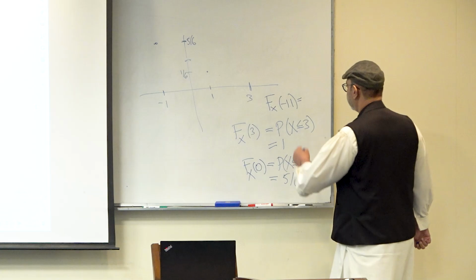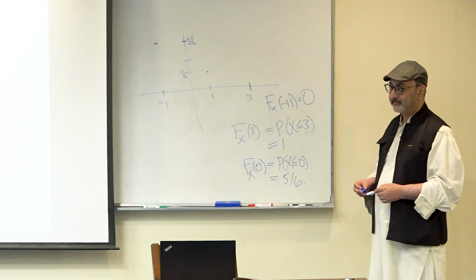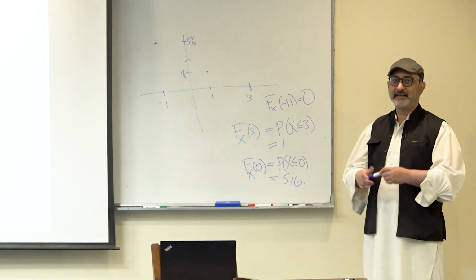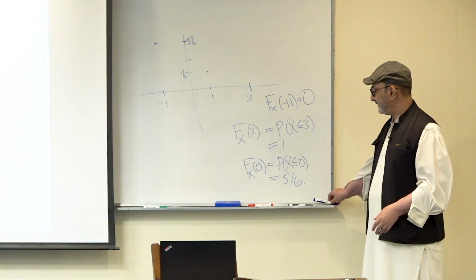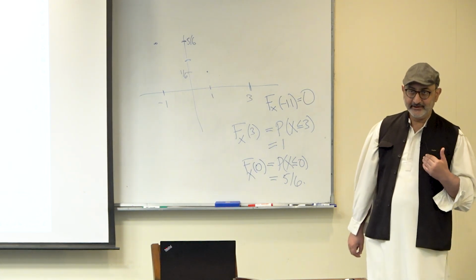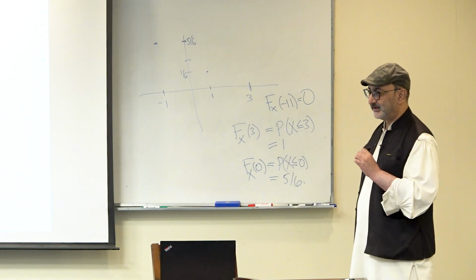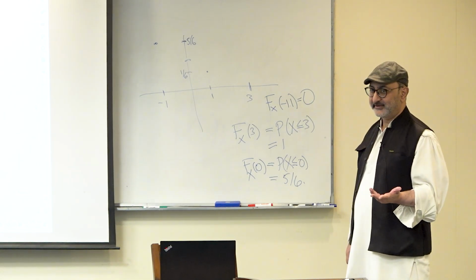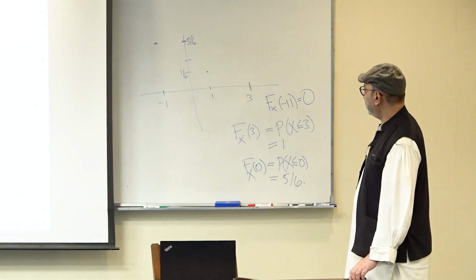So this is 0. Okay, so that's an example, continuing on with our previous example, of calculating the cumulative mass function for that random variable capital X at various input values x.